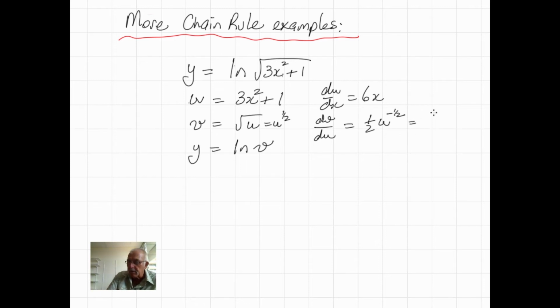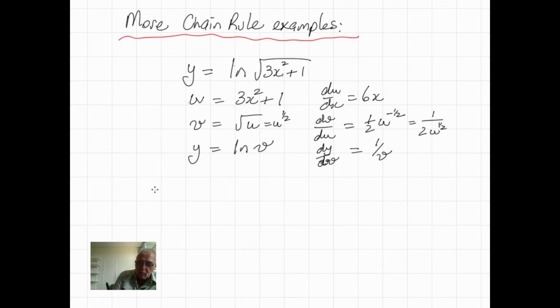Now u to the minus a half, that 2 is downstairs already, will be 1 over u to the half, so that may be a little bit easier to do. And then we've got dy dv, the derivative of ln v from your rules is 1 over v.